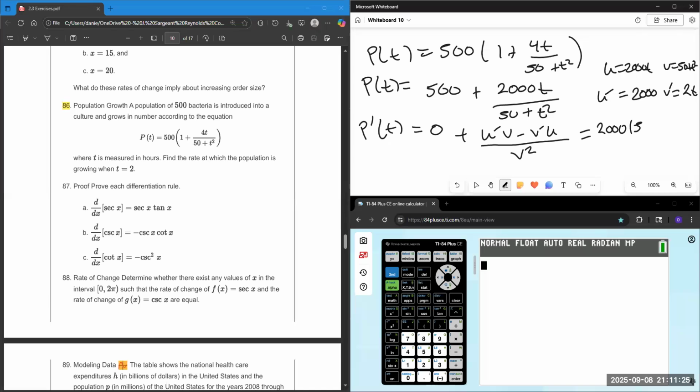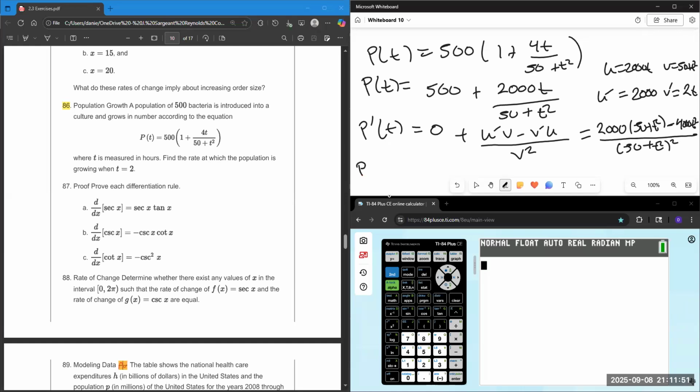times 50 plus t squared minus 2 times 2000t. 2t times 2000t is 4000t squared, over 50 plus t squared quantity squared.